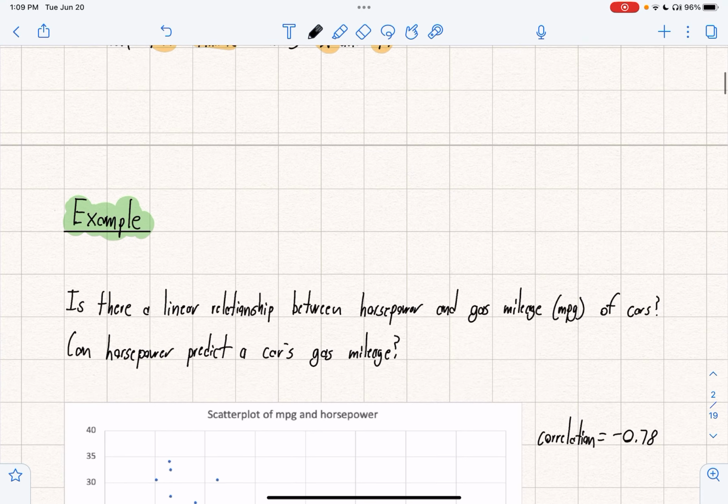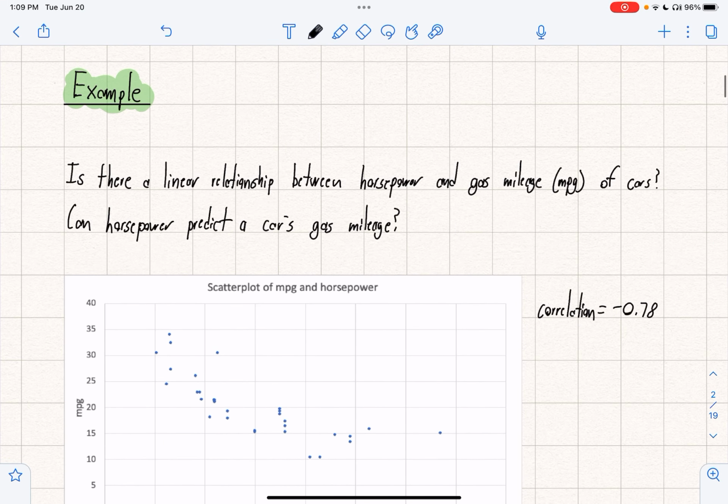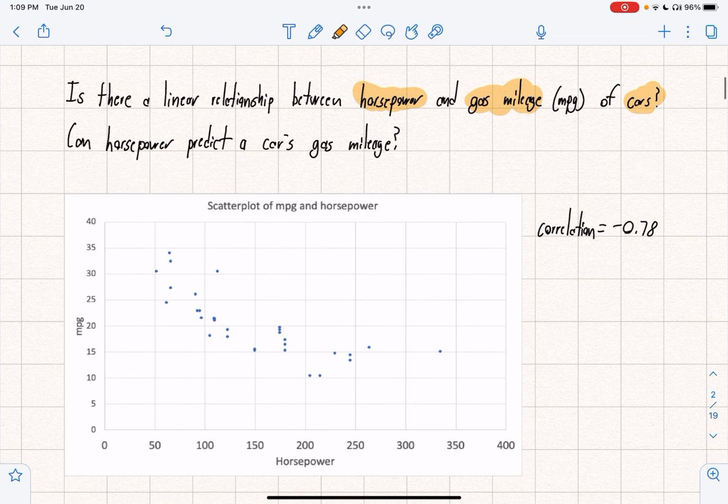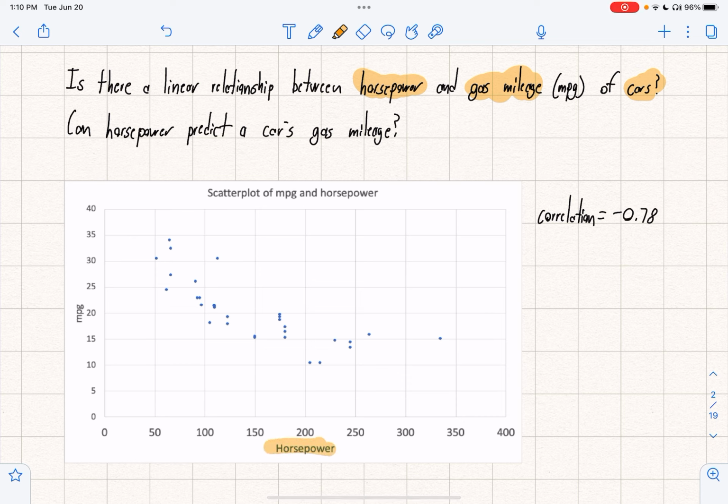So let's actually go back to an example. If you were in my Stat 1 course, we discussed the relationship between horsepower and gas mileage of vehicles, cars. So we created this scatter plot, and you can see we have horsepower on the x-axis, and we have miles per gallon on the y-axis. We can see that as x increases, y decreases.